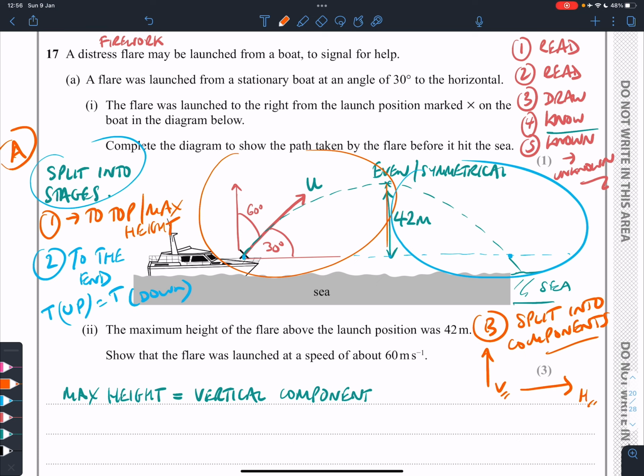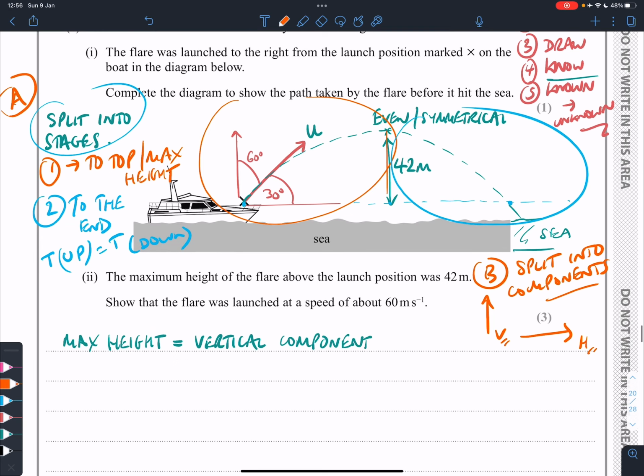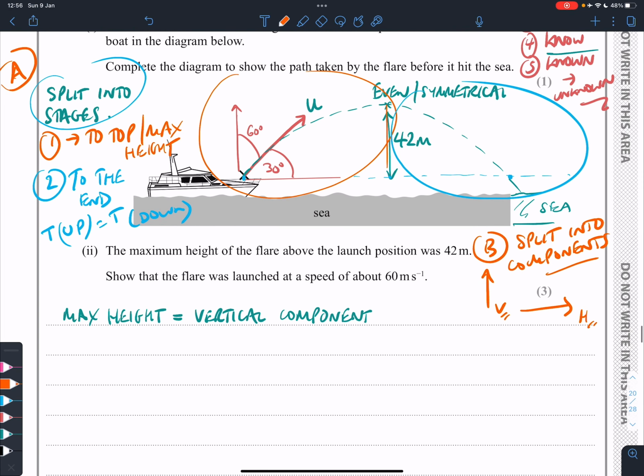And that means that there is no acceleration, if you ignore air resistance, on the horizontal component. So that means the initial horizontal velocity will be constant. It will be the final horizontal velocity. There will be no change in horizontal velocity. So first of all, let's show that the flare was launched at a speed of about 60 meters per second.